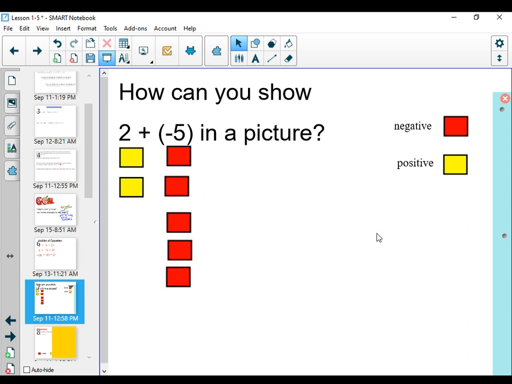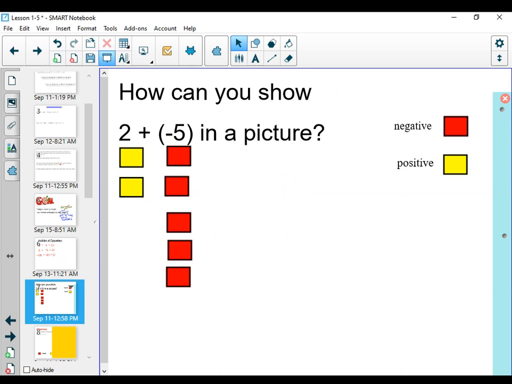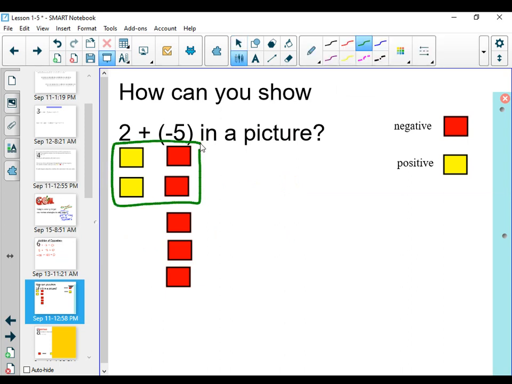Because in that slide before, it told me 2 positives and 2 negatives were going to be worth 0. So right here, I have 2 positives and 2 negatives that are now worth 0. What is left? 3 negatives.